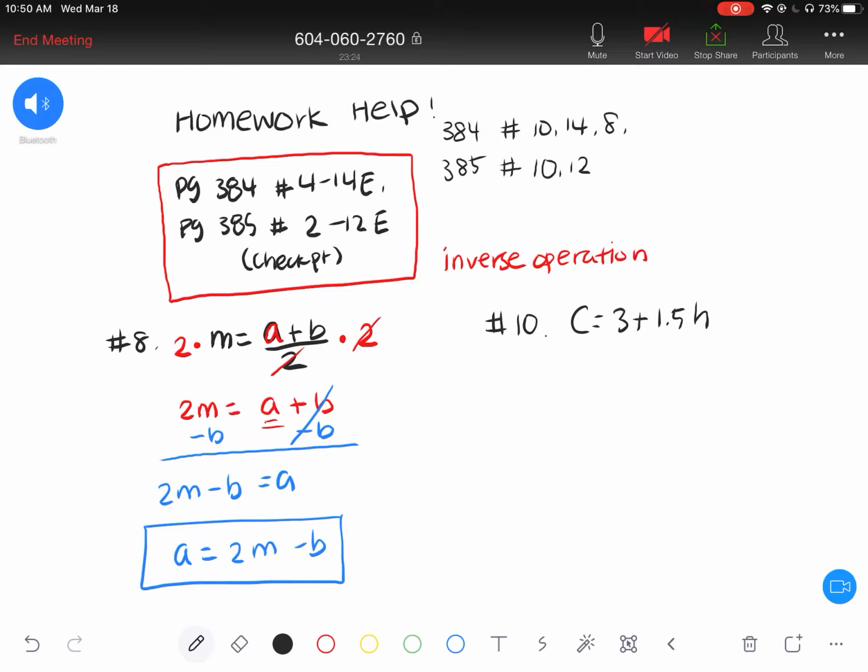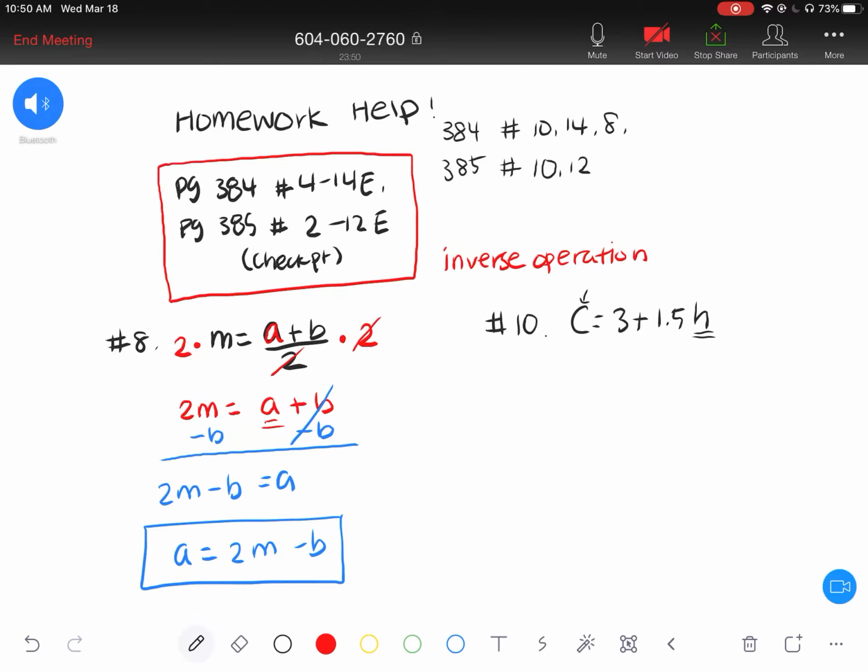It says you have $12 to rent a pair of inline skates. They rent for $3 plus 1.5 per hour. To determine the maximum length of time you can rent the inline skates, solve the formula for H, then substitute 12 for C.